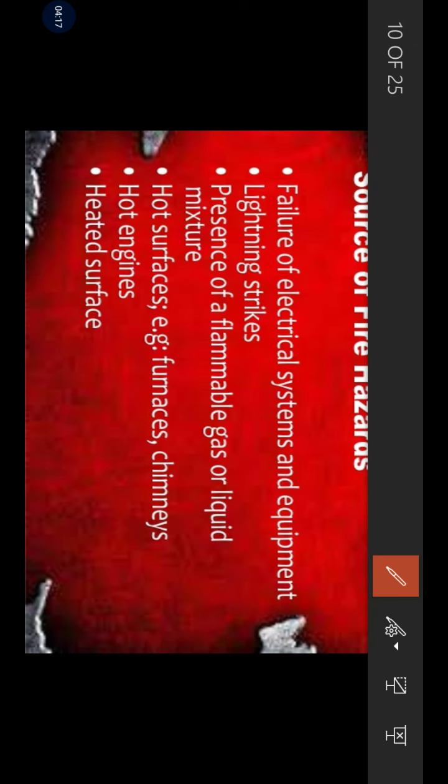Here you can notice the sources of fire hazards: electrical systems and equipment, lightning strikes, flammable gas, flammable liquid, furnaces, chimneys, hot engines, heated surface.